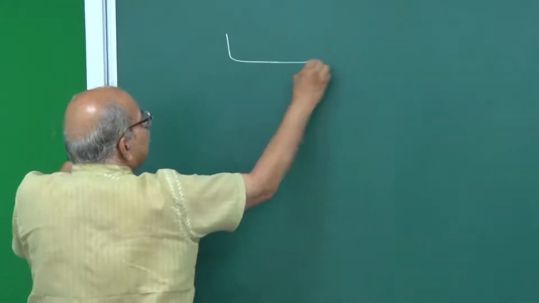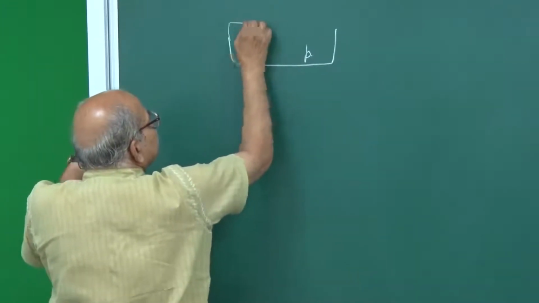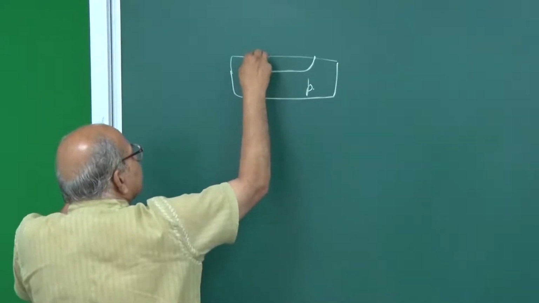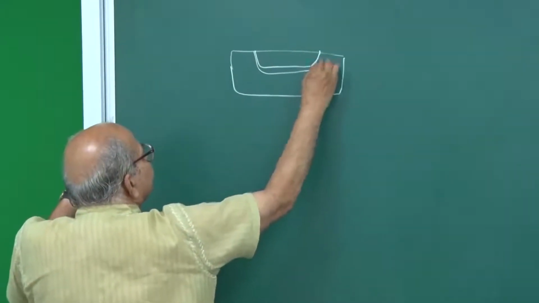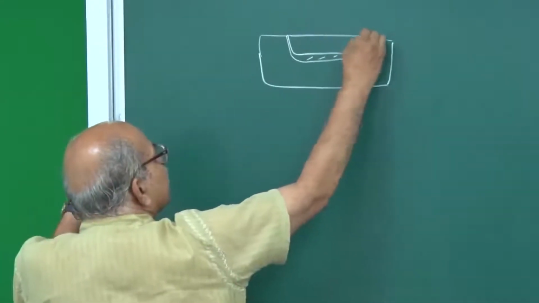You take some P type first, and then you diffuse N type onto it and make a depletion layer, so that you have this PN junction, and the top is transparent.